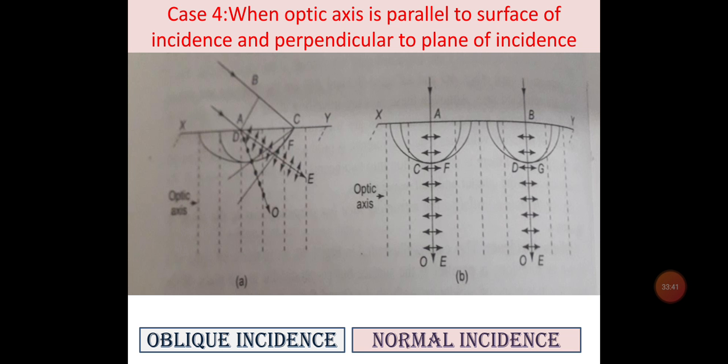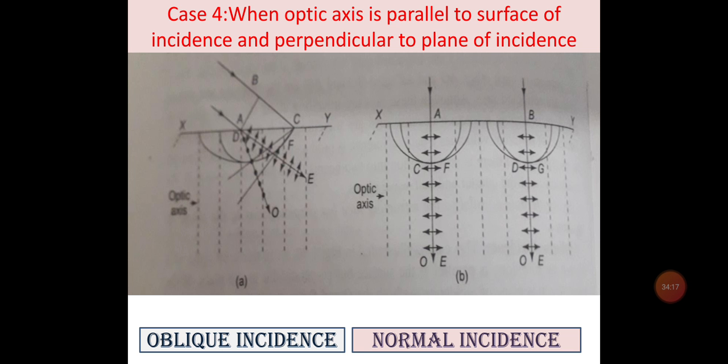CD and CF are the refracted wave fronts at the instant when the wavelet from B reaches C, and AO and AE are the ordinary and extraordinary refracted rays. The O ray and E ray travel with different velocities in different directions. So we can say that double refraction is taking place in the oblique incidence.